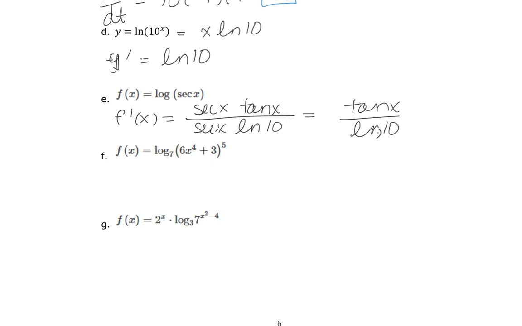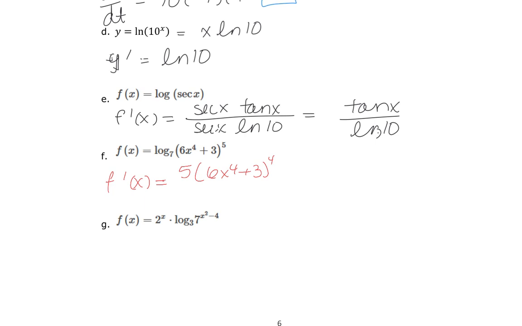Now let's look at f. So f has a function within a function. The outer function would be x to the 5th. The inner function is 6x to the 4th plus 3, and so we have a function within a function. So f prime of x, this is the derivative of the outer function, which is going to be 5 times 6x to the 4th plus 3 raised to the 4th power.